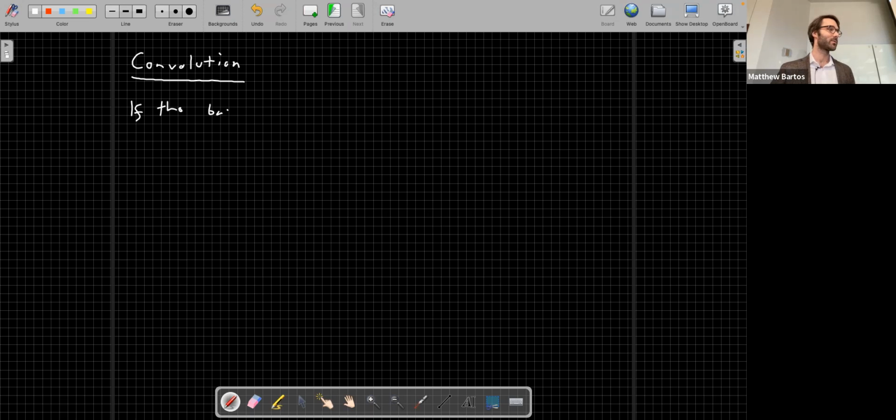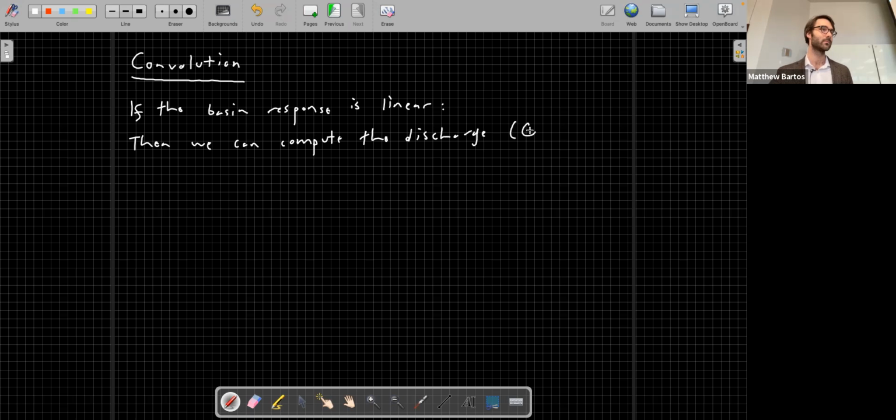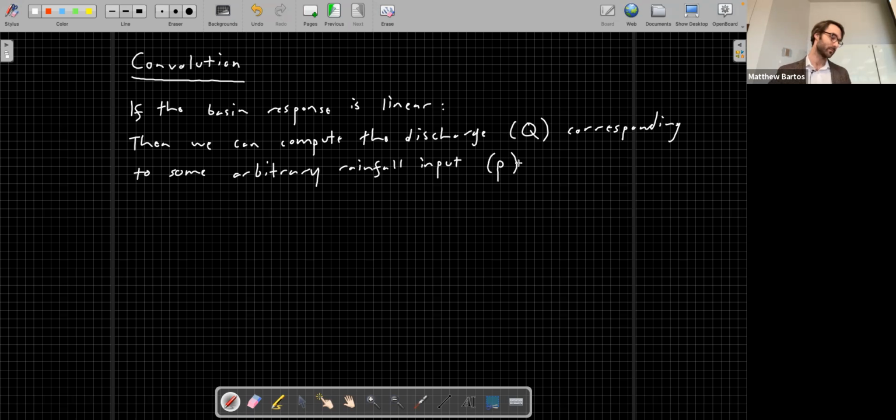If the basin response is linear, then we can compute the discharge, which I'll call Q, corresponding to some arbitrary rainfall input, which I will call P, through discrete convolution.